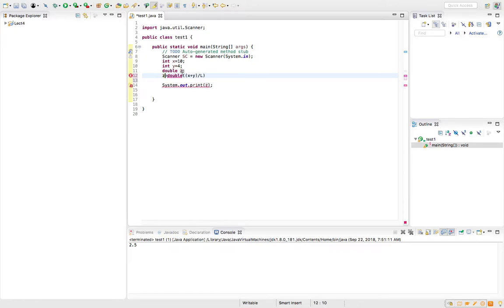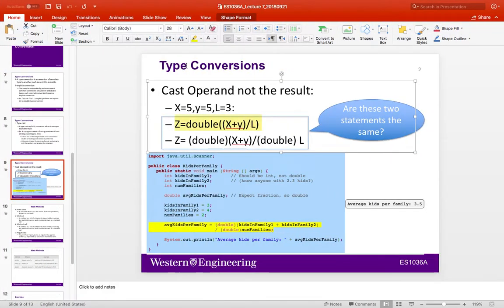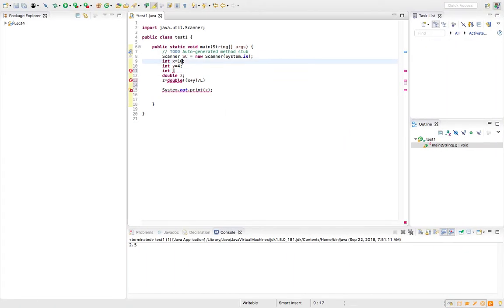It's an error because small is not the same as capital. Here x equals 5, y equals 5, L equals 3. So the initializations are 5, 5 and 3. This is z, and for sure this double should be between parentheses.